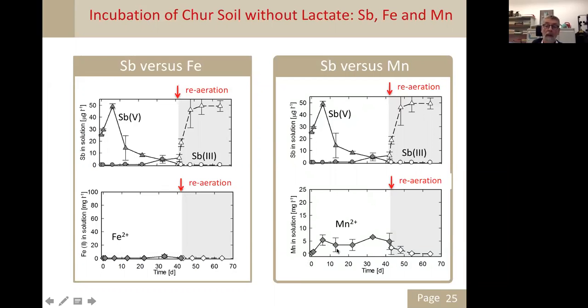And you see here that more or less in parallel, when the antimony 5 concentration increased, we also had this increase in manganese. So our hypothesis is that it was a similar process as with the iron. We saw it in the lactate experiment: reductive dissolution of manganese oxides led to the release of antimony 5 that was sorbed before to the manganese hydroxides and oxides.